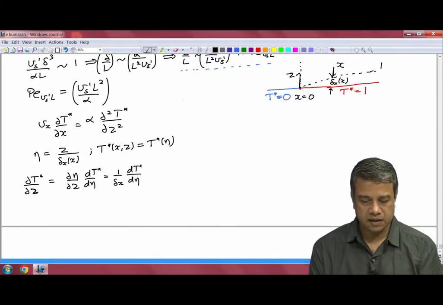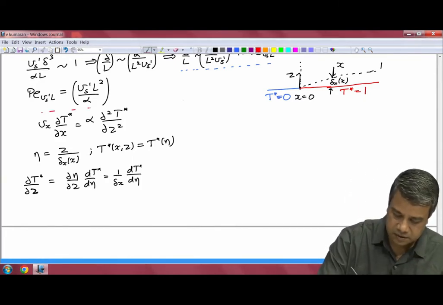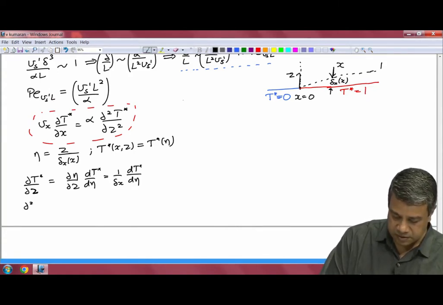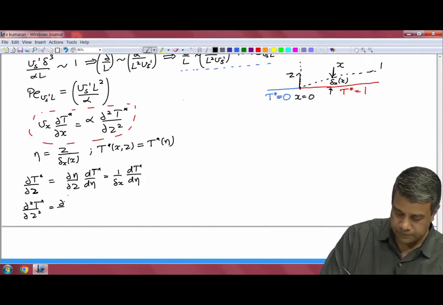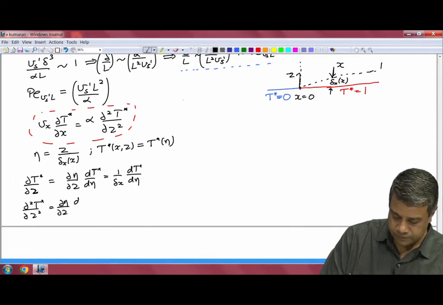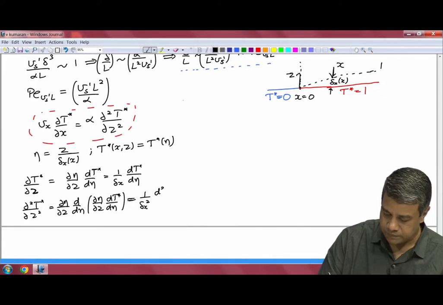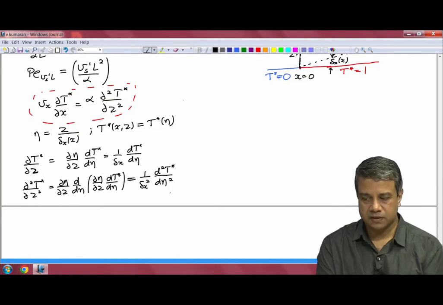I need a second derivative in this conservation equation. So, I can get that second derivative: partial square T star by partial z square is equal to 1 by delta x square times d square T star by d eta square, using the chain rule for differentiation.